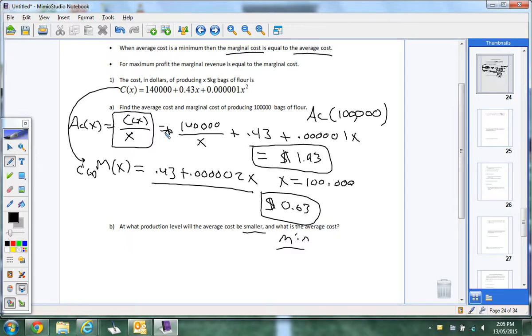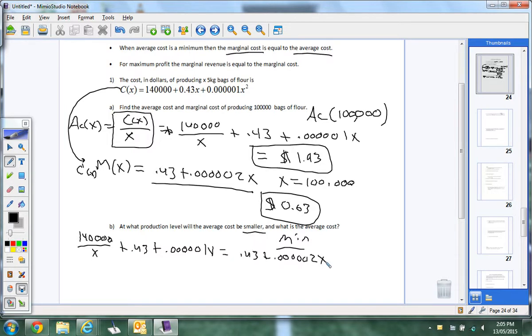So let's see if I have some room to write this out here. 140,000 over x plus 0.43 plus 0.023451x equals 0.43 plus 0.0002x.